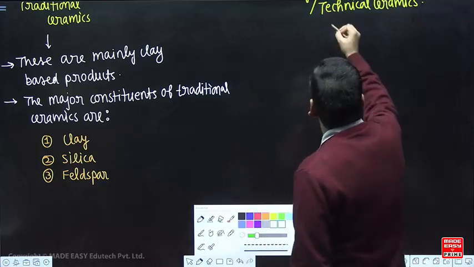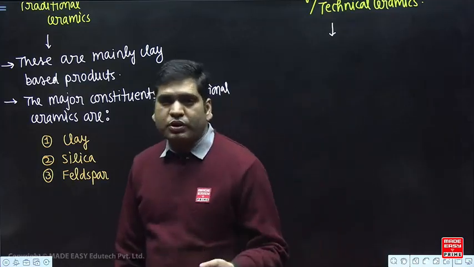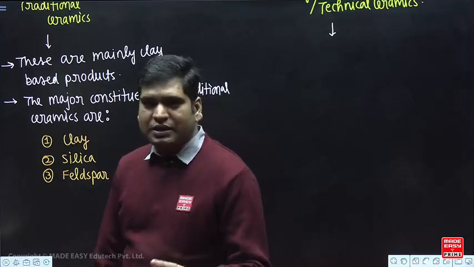Engineering ceramics are relatively pure compounds. They are either pure oxides or pure carbides or pure nitrides, like that.